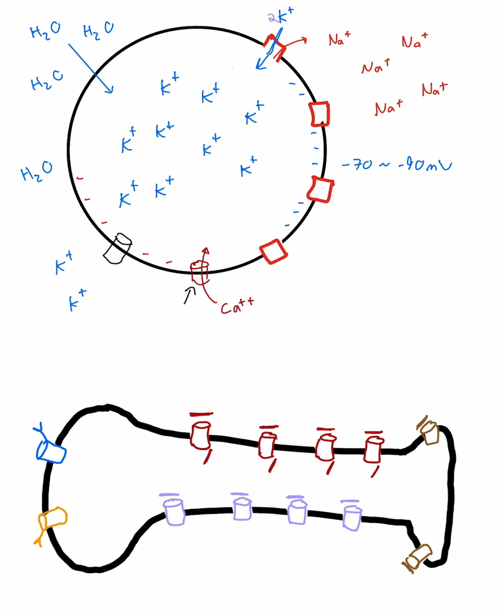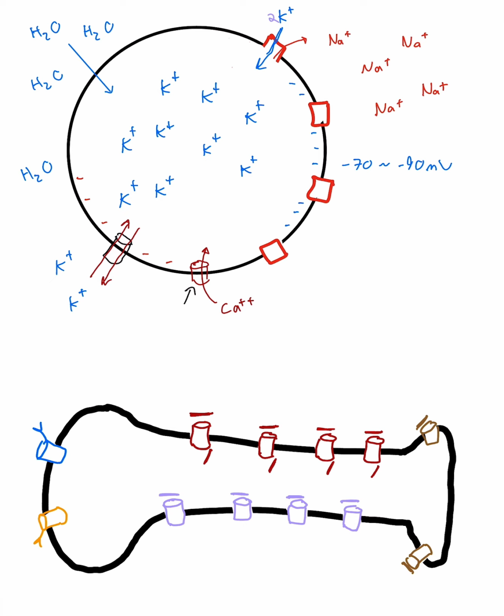But overall, the strength of the movement, moving out with concentration, in with charge, is about equal. And so there's not really a net movement of potassium. So potassium is still moving back and forth because it has kinetic energy. It's attracted from the outside moving in by a charge gradient. So overall, it's still moving, but there's no net movement.